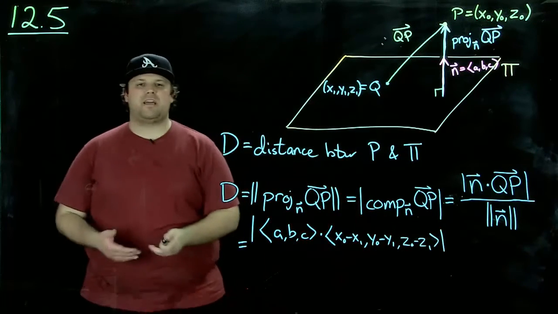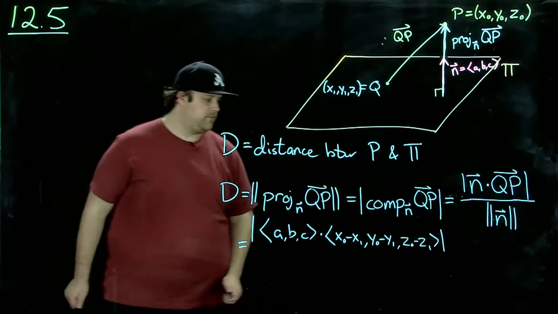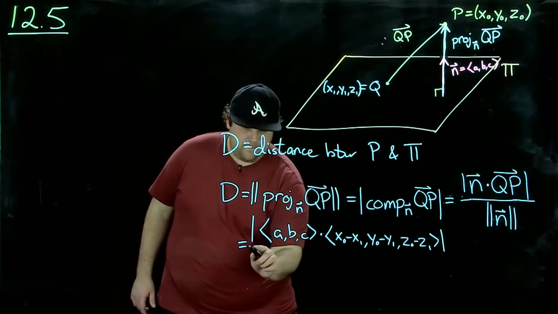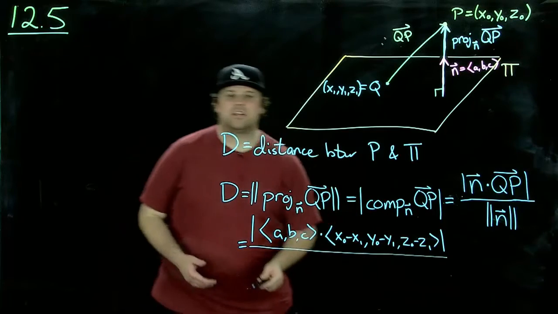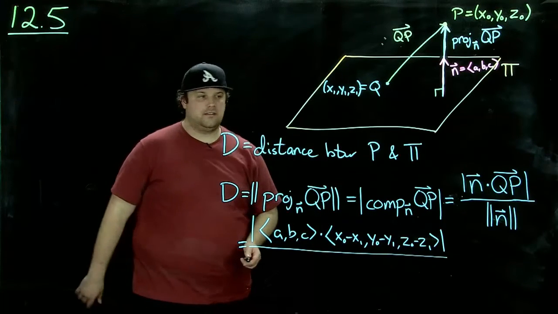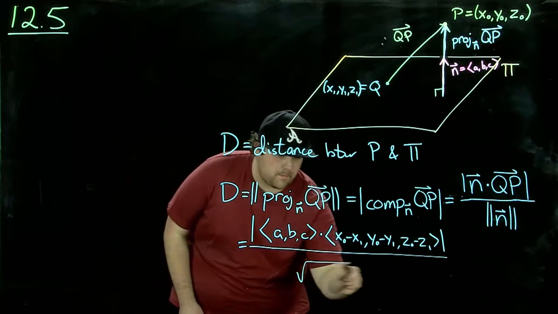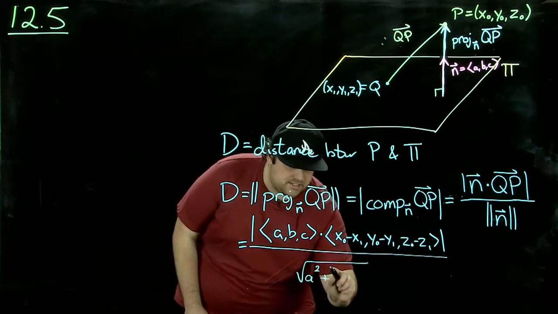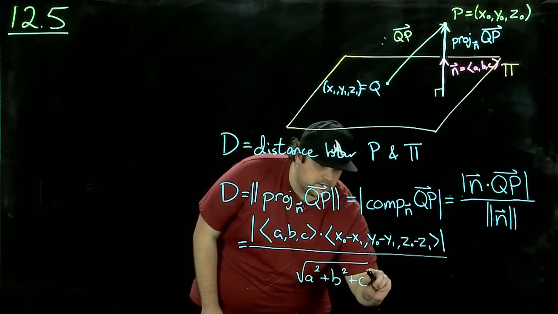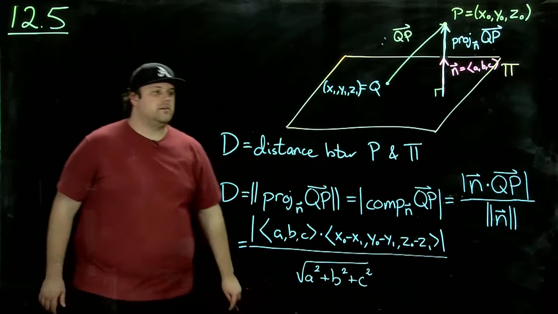Right? And remember, we have absolute value around that. All right. We're going to divide all of that by the square root of a squared plus b squared plus c squared. All right.